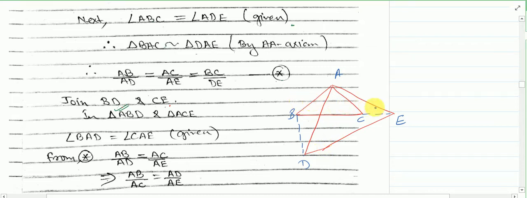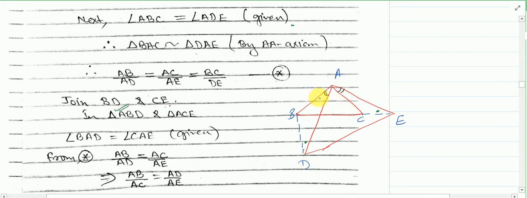So after joining BD and CE, it will look like this, and we have to prove that this angle is equal to this angle, and already we have been given that this angle is equal to this angle. Clear? So now see, we are considering triangle ABD and then ACE.